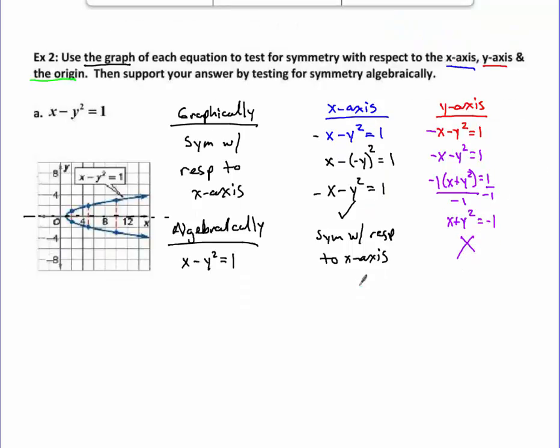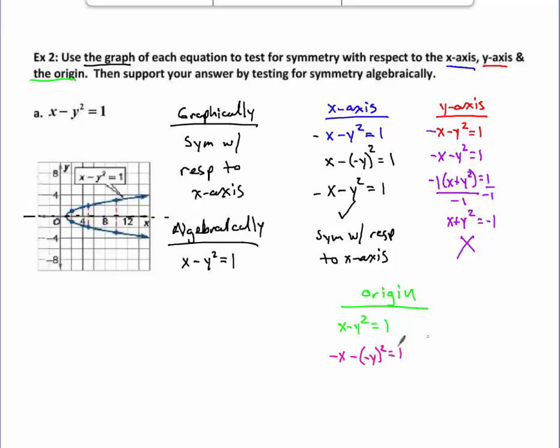And so the last one we're going to check is the origin. We're just doing this so you can see how it works. We'll do x minus y squared equals 1, and if we're going to have symmetry with respect to the origin, then we need to replace all the x's with negative x and all the y's with negative y. And if we can produce the original equation, then we're good.